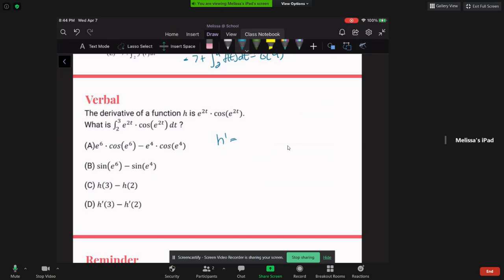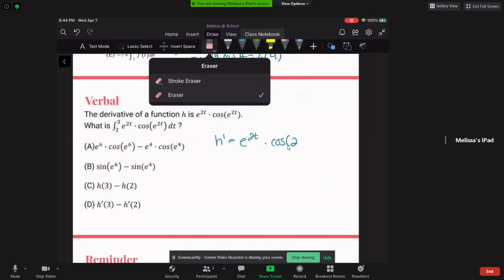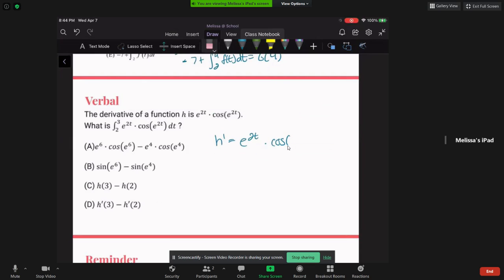The derivative of h is h prime, and that is given to us as e to the 2t times cosine of e to the 2t.